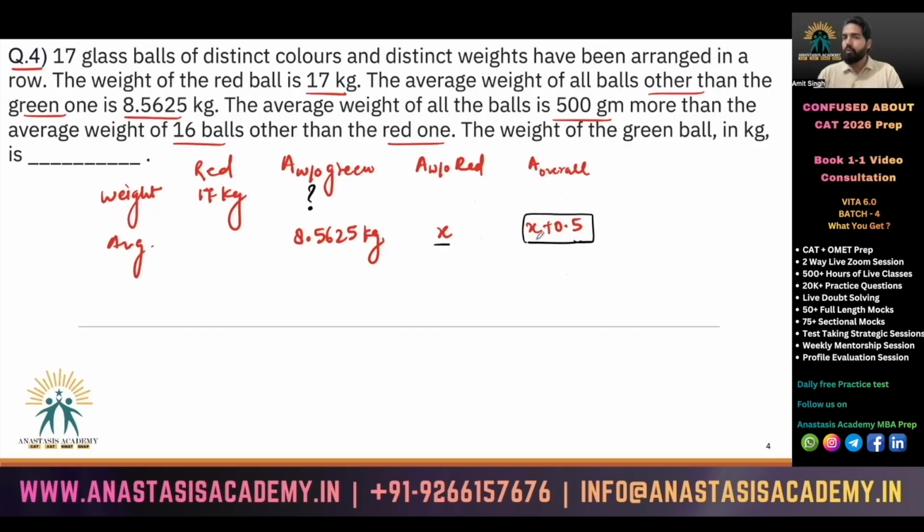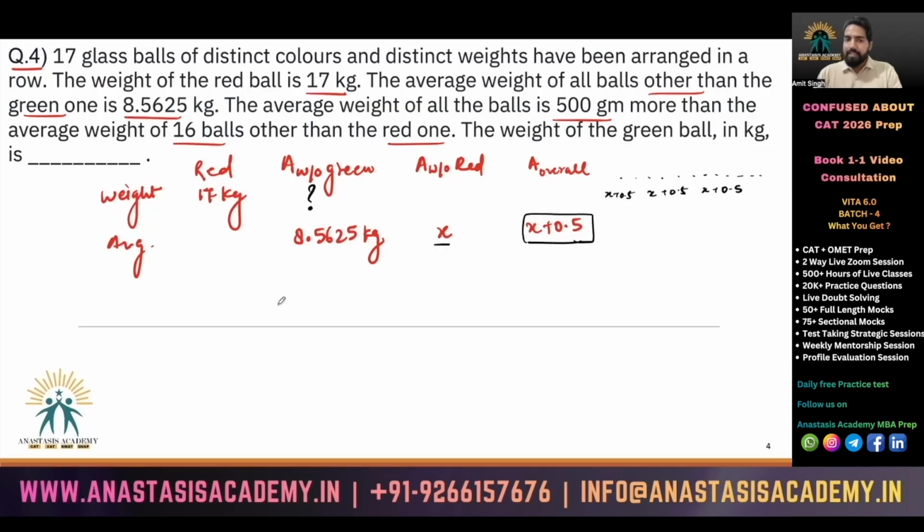I could have their weight as X plus 0.5, X plus 0.5, X plus 0.5, and in this way, we have the overall average as X plus 0.5.